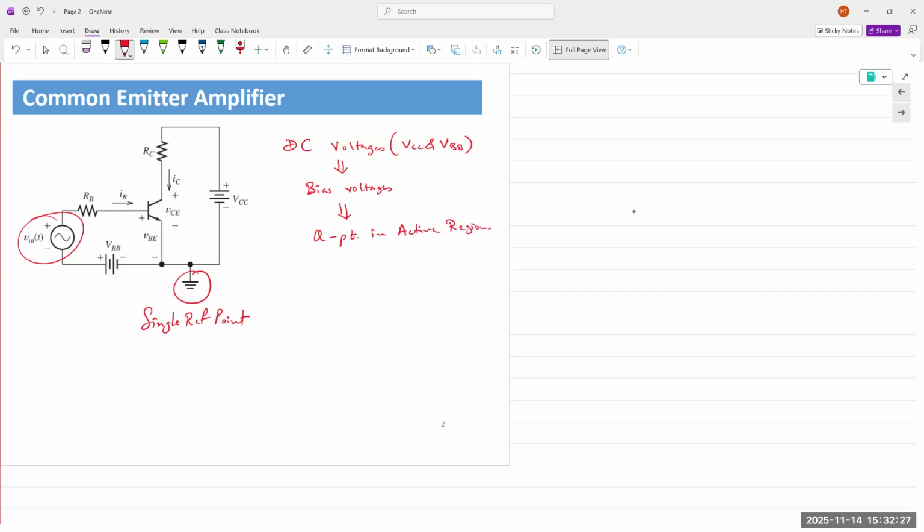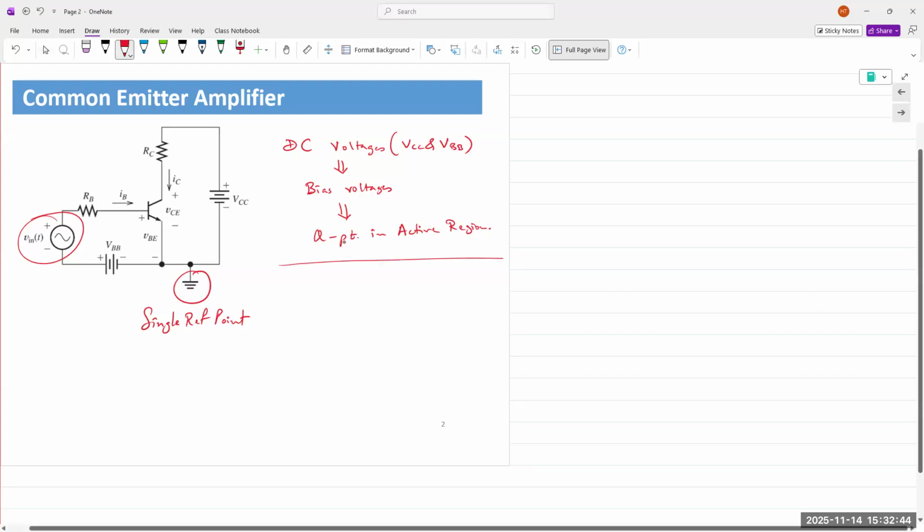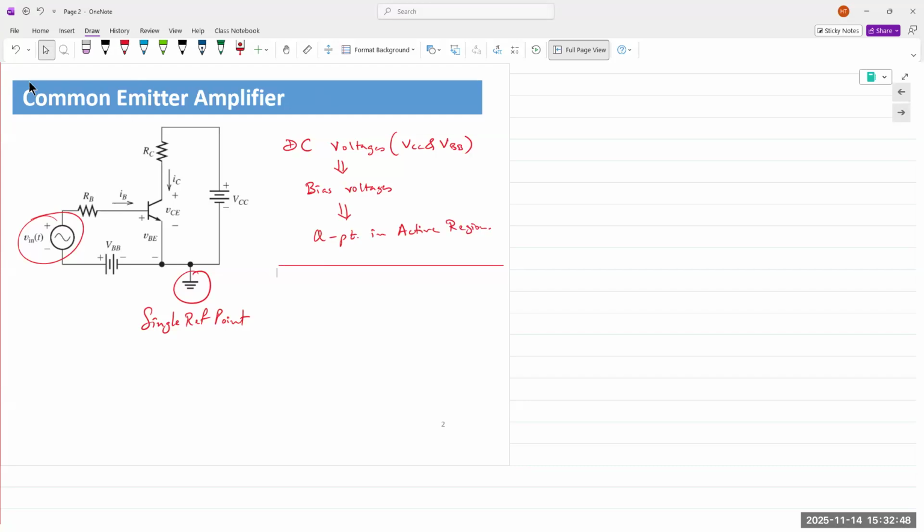Vin of t is sent into the base, and it's typically very small. Hence, any analysis that we perform with small signals is known as small signal analysis.